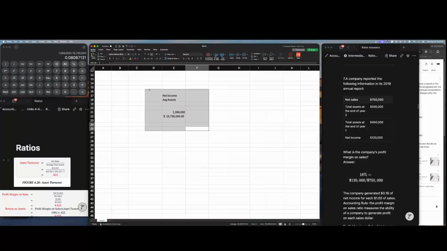The profit margin, well, calculate profit margin pretty much. What you'll have to do is divide net income by net sales. So that would be net income 120,000 divided by 750,000, 60%.